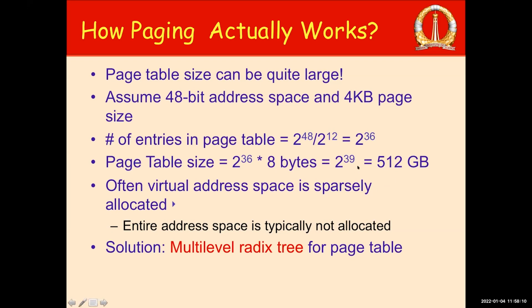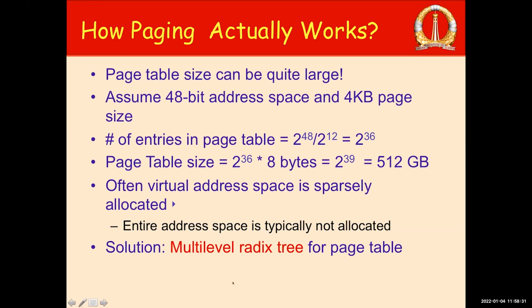And the size of the page table itself could be as large as 512 gigabytes. It's not possible to allocate this entire thing as one chunk. And even if you can allocate it, it is wasteful because not the entire virtual address space is going to be uniformly used. It's actually very sparsely used.